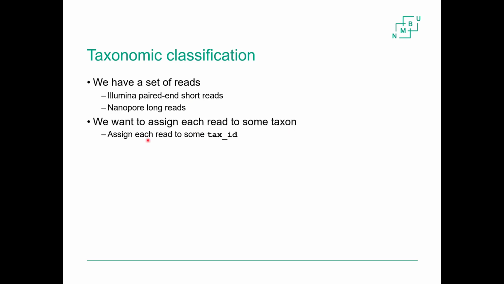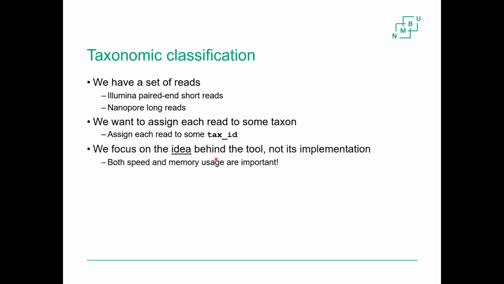And this means actually assign it to some tax ID, right? I use this phrase because this is how we call it in my documents. That, for instance, the NCBI taxonomy database has a tax ID for each taxon, right?